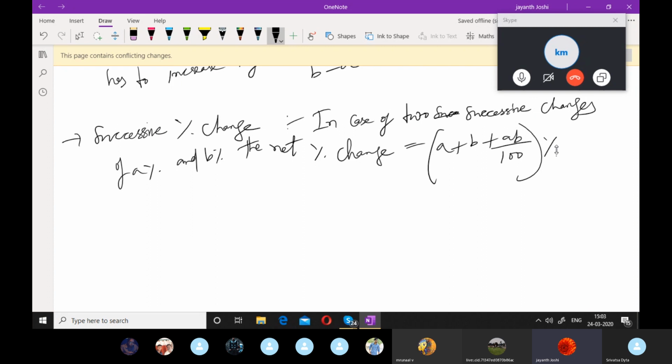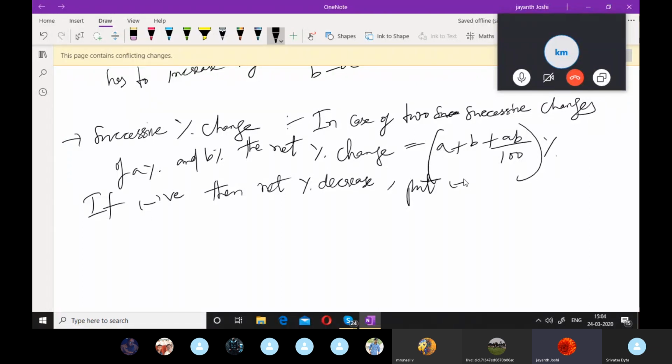Okay, now in this small note, if negative, then it is a net percentage decrease.